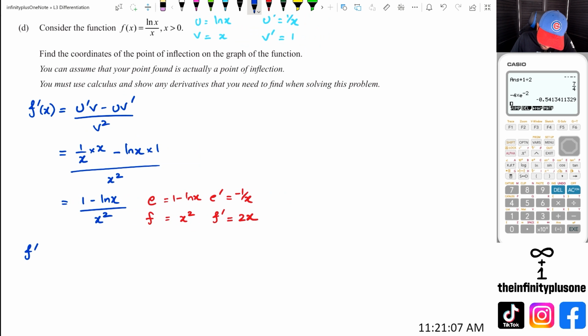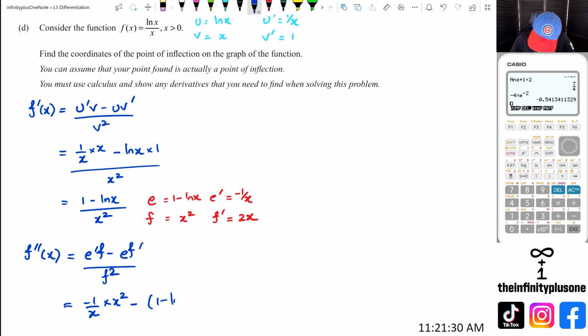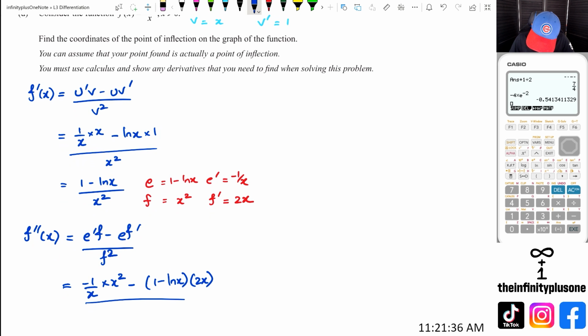So we've got f''(x) equals (e'f − ef') over f², so e' is negative 1 over x times x² minus (1 − ln x) times 2x, and all of that is divided by x to the power of 4.